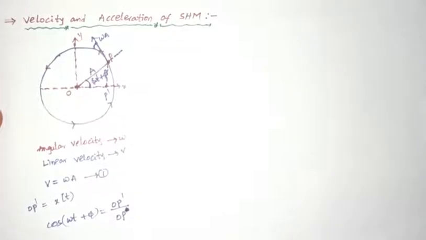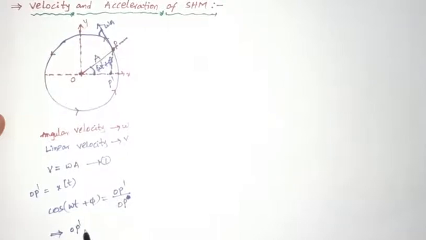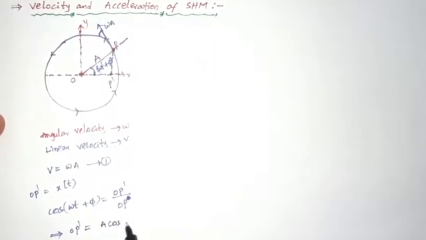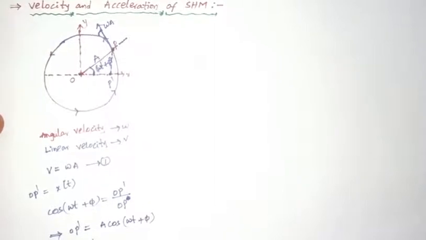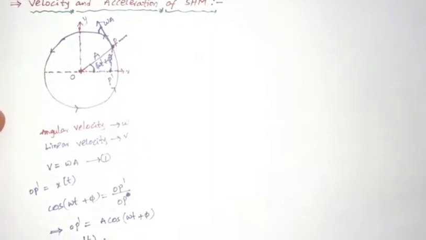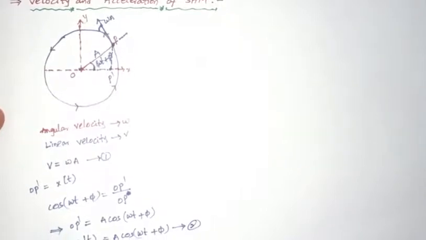That implies OP dash equals OP times cos, and OP is nothing but capital A, so OP dash equals A cos of omega t plus pi. OP dash is nothing but x of t. So x of t equals A cos of omega t plus pi. This is the displacement equation, equation number 2.